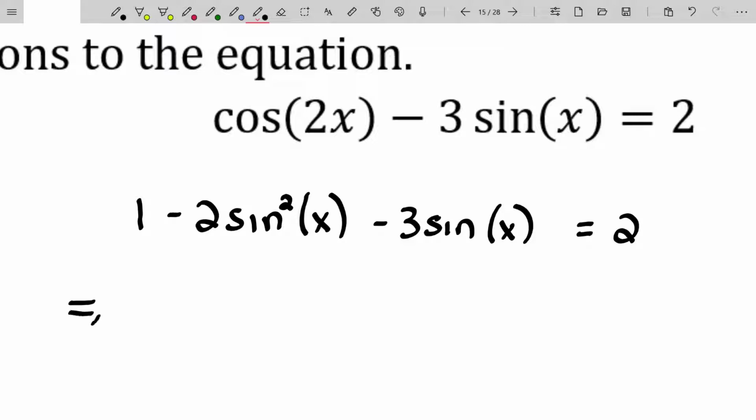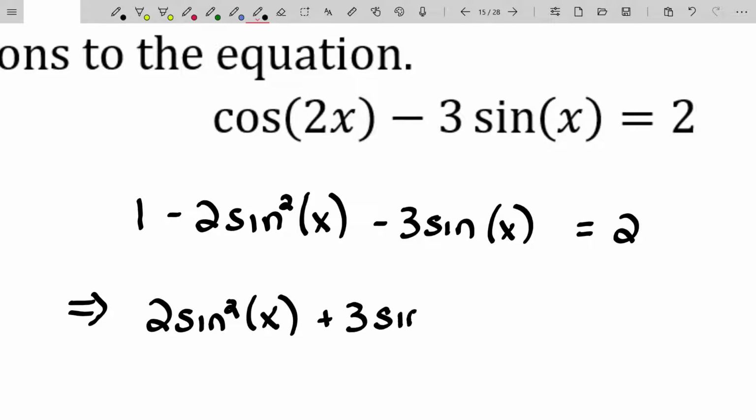So multiplying everything by -1, I get 2 sine squared of x plus 3 sine of x. And remember, I took 1 and I subtracted 2 from it, so it should be a -1, but I'm multiplying everything by a negative, so it's a +1.